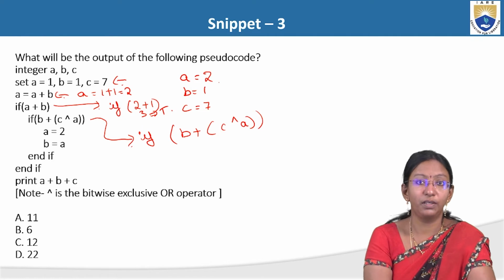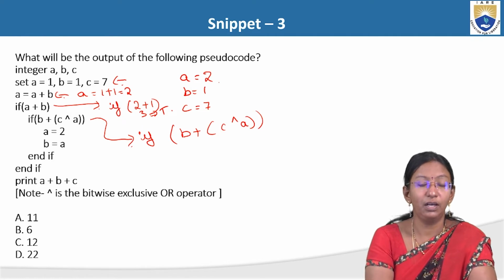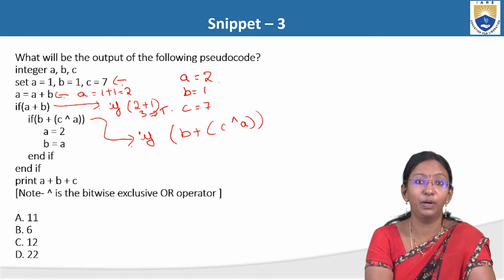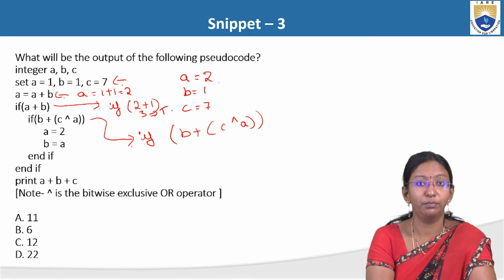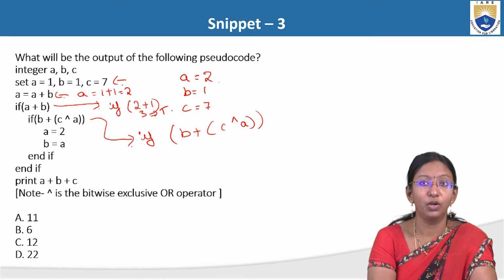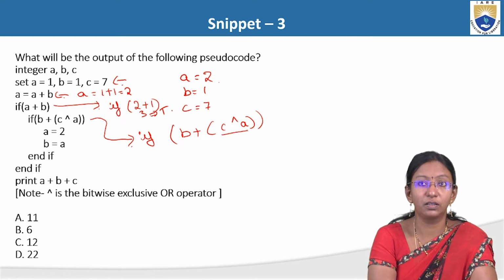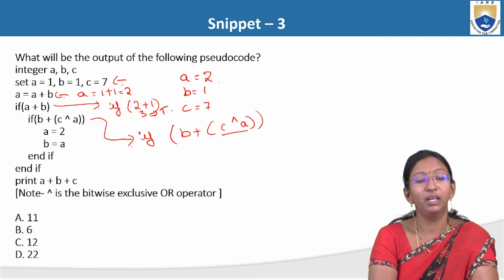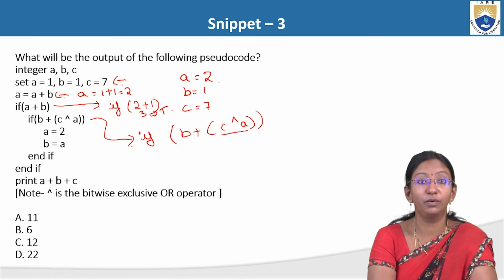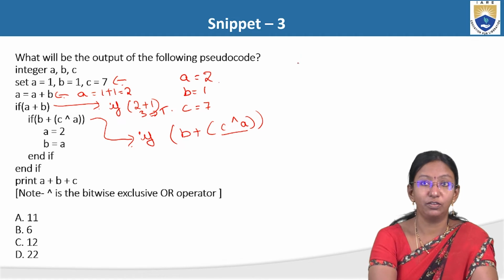The first operator is the arithmetic operator, and the second one is bitwise XOR, bitwise exclusive OR operation. As C XOR A is placed within brackets, the innermost one gets the highest priority and will be evaluated first. So let's do the same.